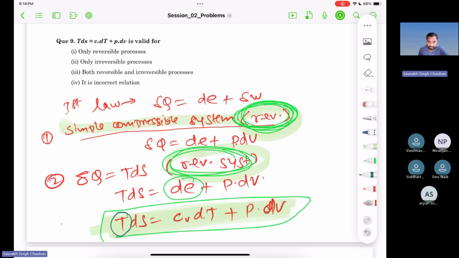Entropy is a point function. Pressure is a point function. Volume is a point function. So all of these are point functions. Point functions do not depend on the path. They are just properties of a point. They are just the thermodynamic signature of a system.